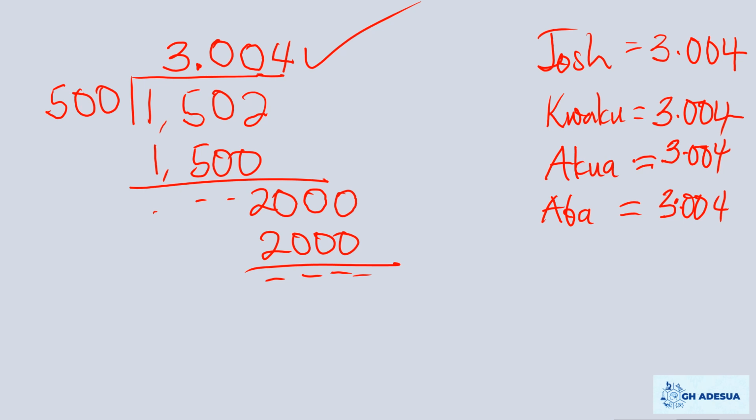All right, good. Now the next thing I would want us to look at is how to add the decimal fractions or decimals like we call them. So for example, if I give you 5.021 plus 0.034 and I ask you to add this, you are going to arrange them vertically and make sure the decimal points are in line.